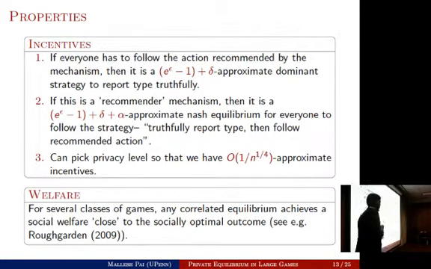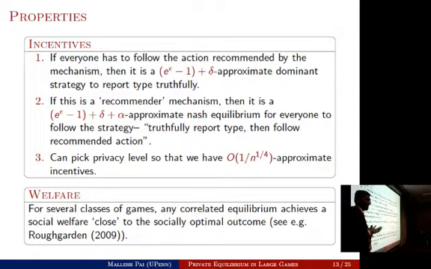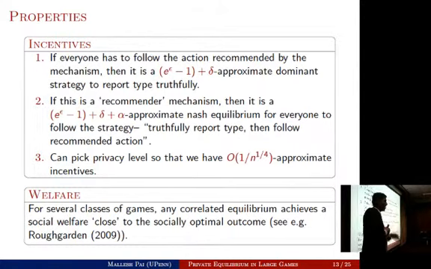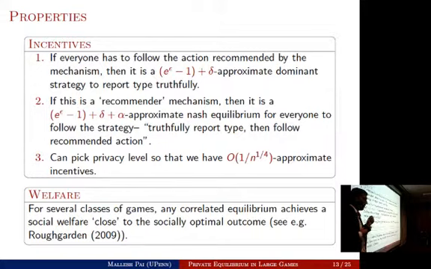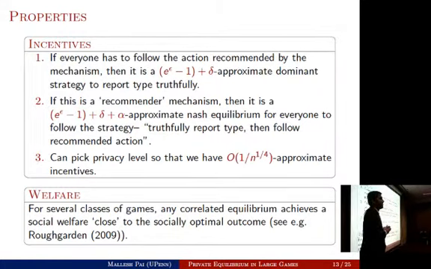So if you're in a smooth game, then we've got a constant price of anarchy, which means that the welfare of the equilibrium we select will always be, at worst, a constant factor of the social welfare of the socially optimal outcome.